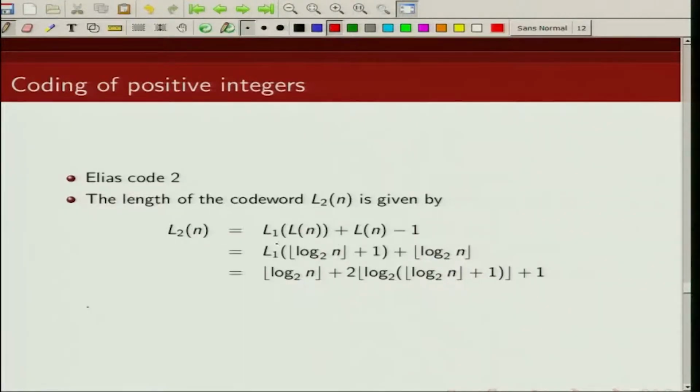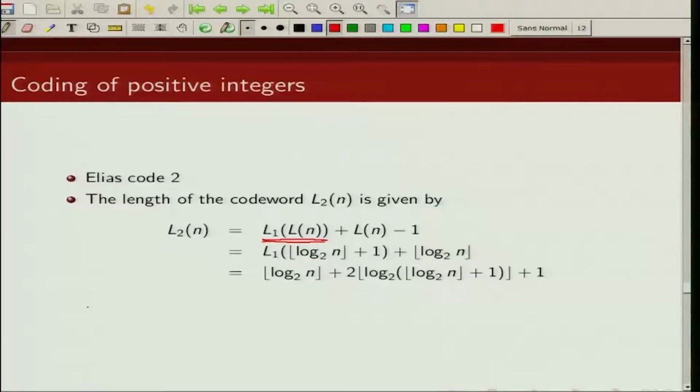So remember, the first part of the code is we are using Elias code 1 to denote the number of bits required in the binary representation of the number. So the first part of the code length will be given by L1 of L of n. And the second part of the code is the binary representation of the number n with leading 1 removed. So that's why I am writing it as L of n minus 1.